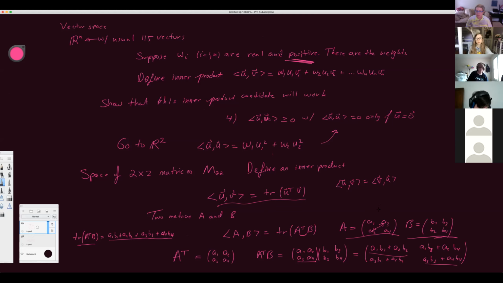Okay. I want you guys to take the two matrices I defined here, and I'm going to write them out a little neater up here because they're a little messy. So A is A1, A3, A2, A4, and then B is B1, B3, B2, B4.